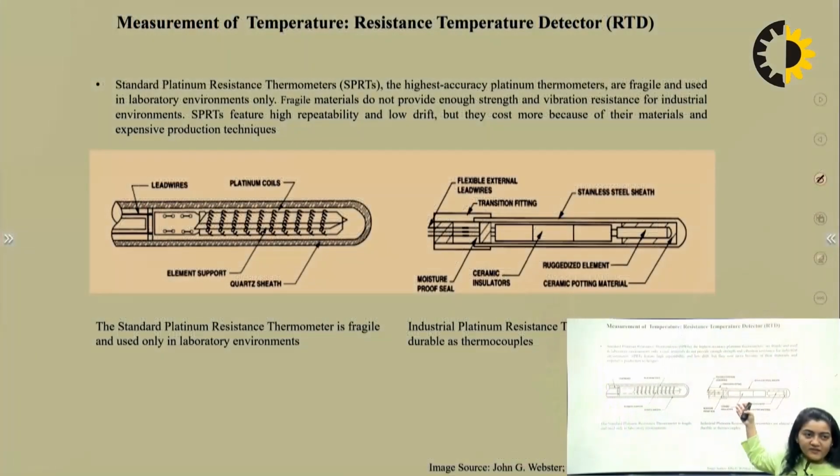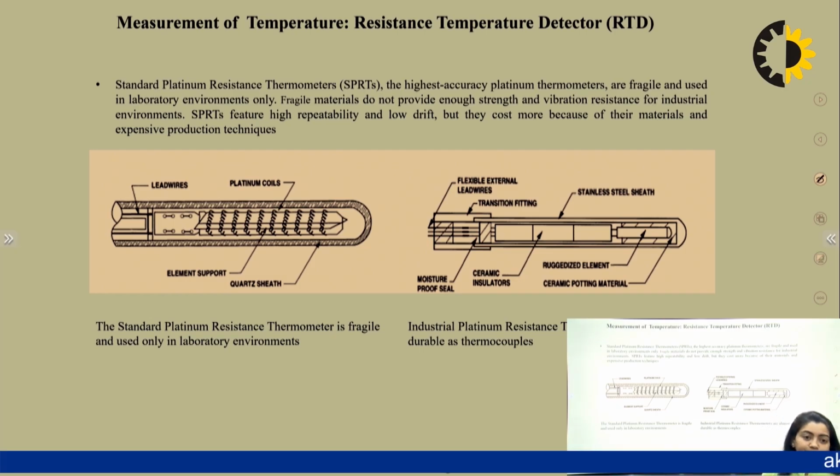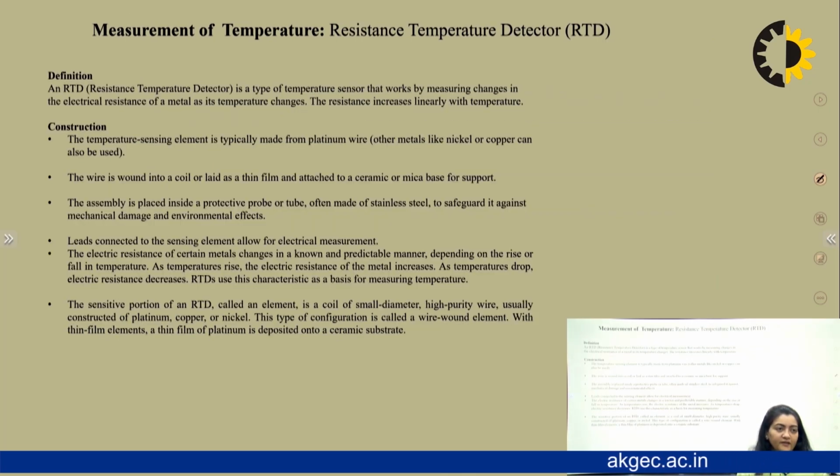Then inside is the sensing element, which is mostly the material you are using, here a platinum core; sometimes we use nickel, sometimes copper. So this is the construction of a very standard RTD.